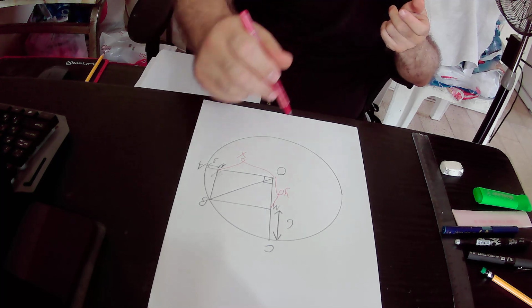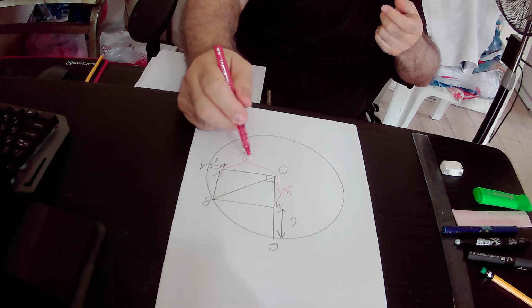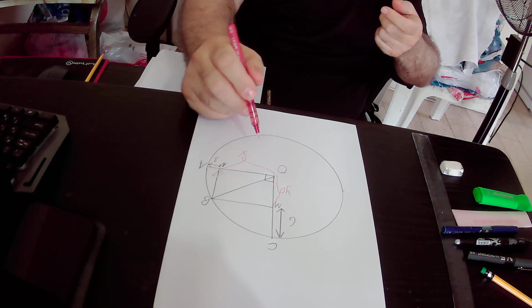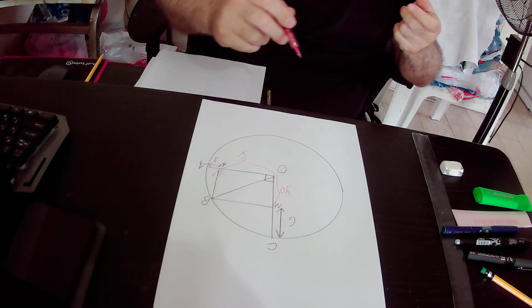So because OC and OA are the radiuses of this circle, they are equal to each other.